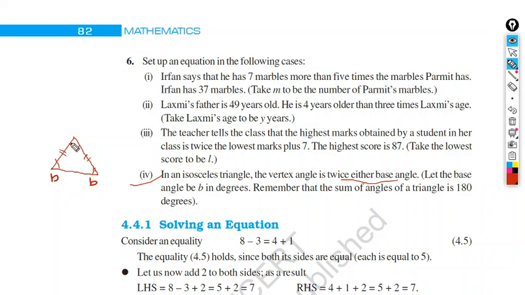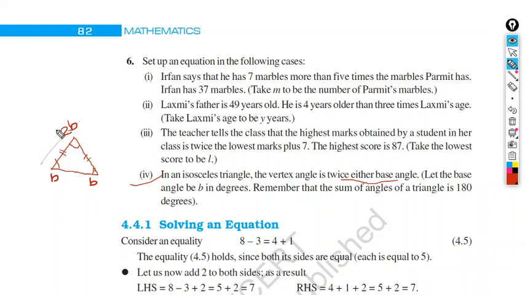Now again read the question. In an isosceles triangle, the vertex angle is twice either base angle. So the vertex angle is 2 times b, that means this angle is equal to 2 into b or 2b. So what type of equation can we set here?